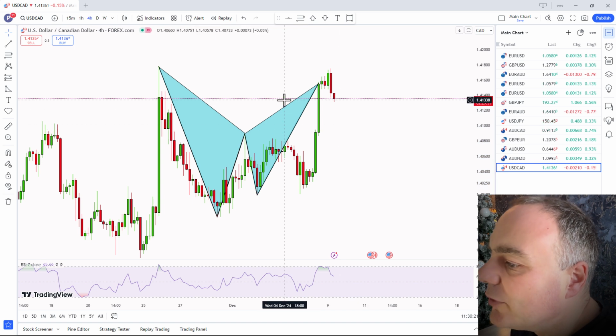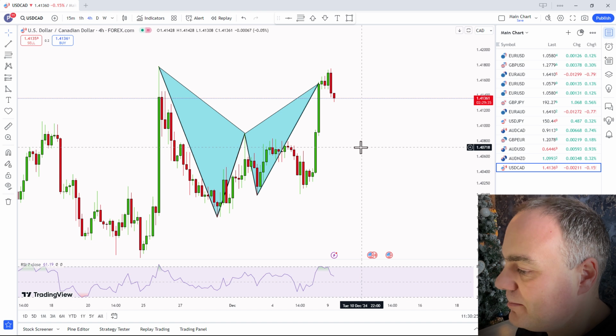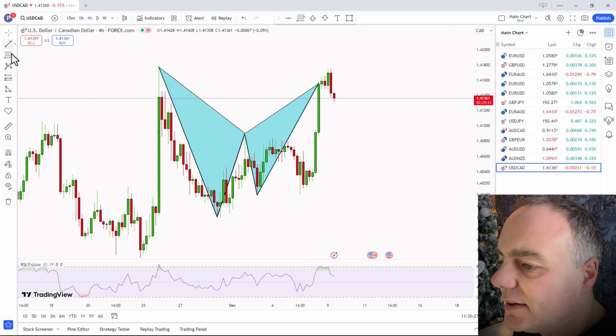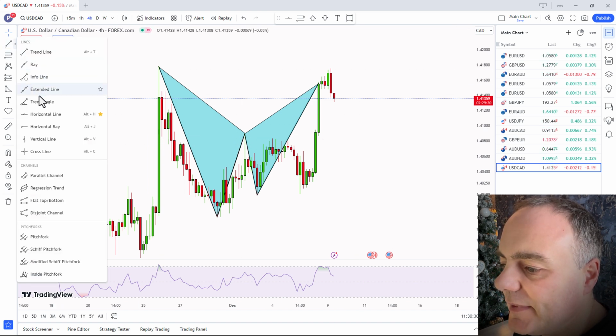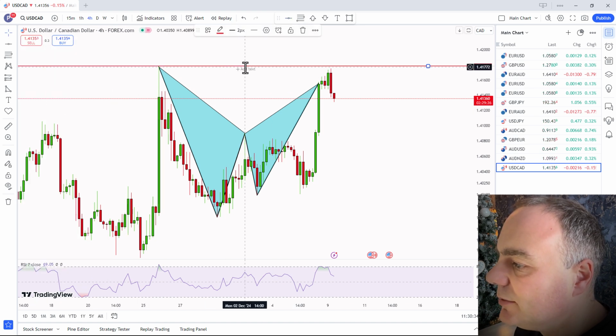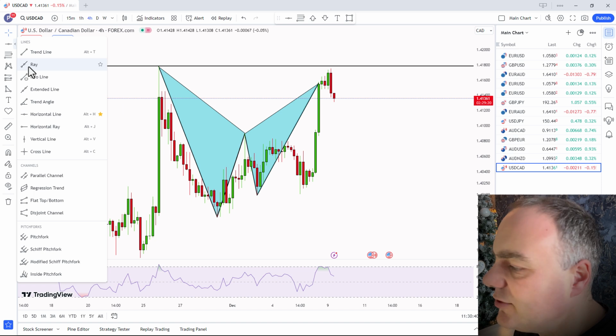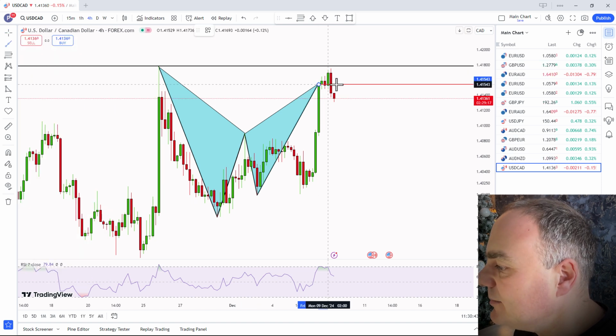Okay, so the reason I'm looking at a bat pattern again, because in my recent videos I've shown different parts of the bat pattern, is this point here. If we look here at this is our X point, and just make it black rather than there so we don't confuse it with the stop. Okay, so our entry would of course be here.